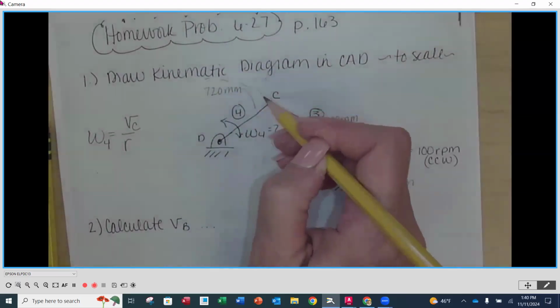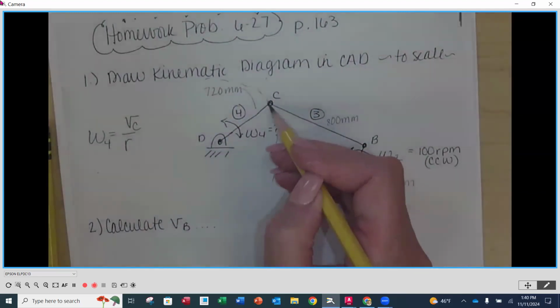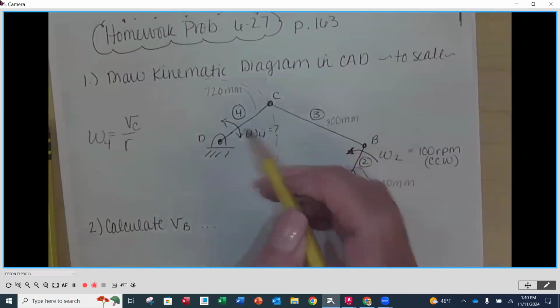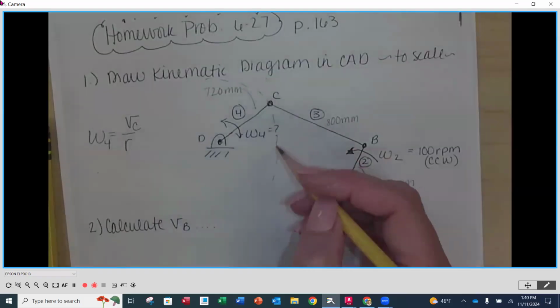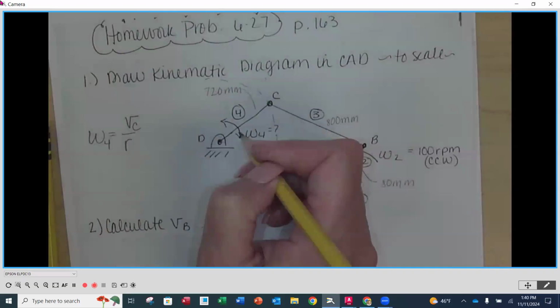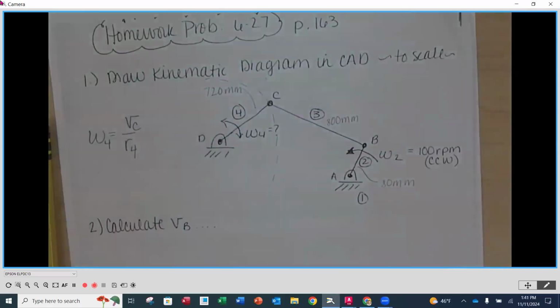C can only travel along that arc, and its center of rotation is back at D. So the length of this link, which is 770 or 720 millimeters, is going to be our value. That's going to be the radius or the distance of link number 4. Okay, does that make sense to everybody? Now, if we want to know what that angular velocity is of link number 4, do we know the velocity of C?